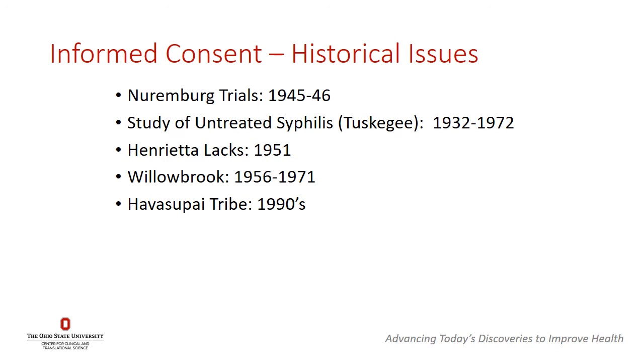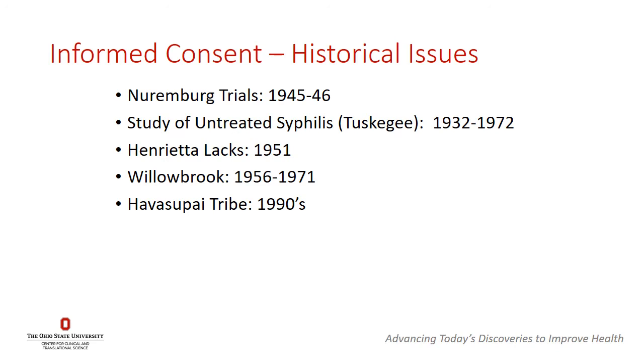In more current history, the Havasupai Indian tribe consented to a clinical trial, but the researchers stored and used their blood. The Indian tribe believed that the research was about the high rate of diabetes, but they were never notified of the other research studies using their samples, including mental illness and identification of the tribe's origin.